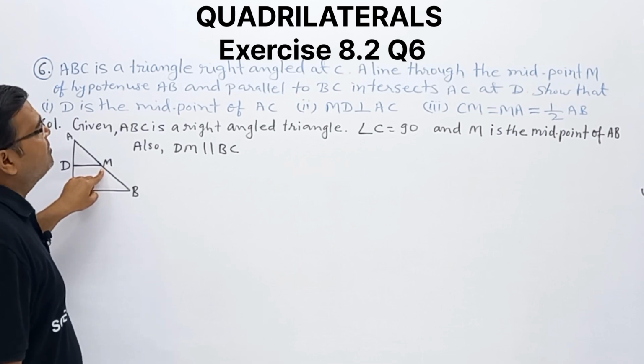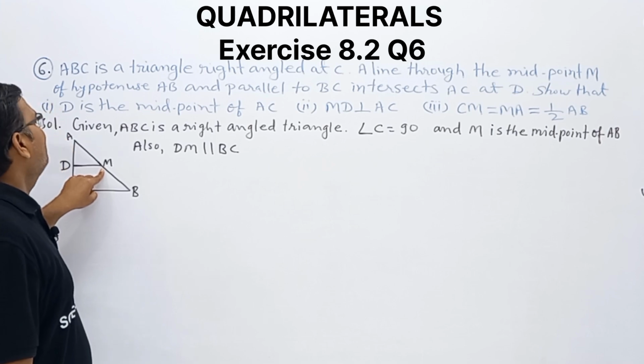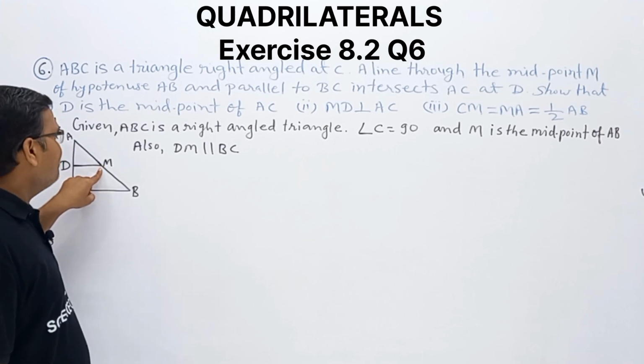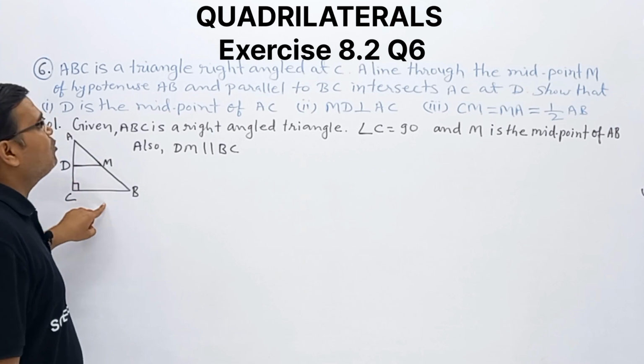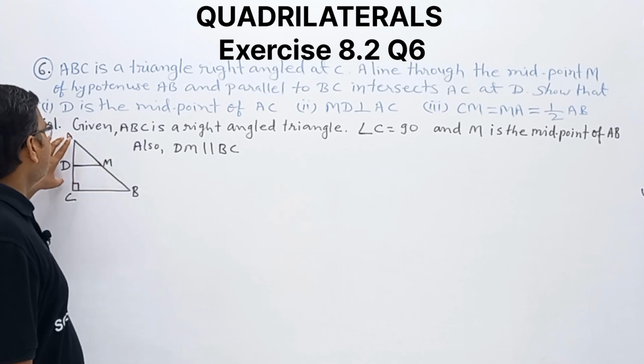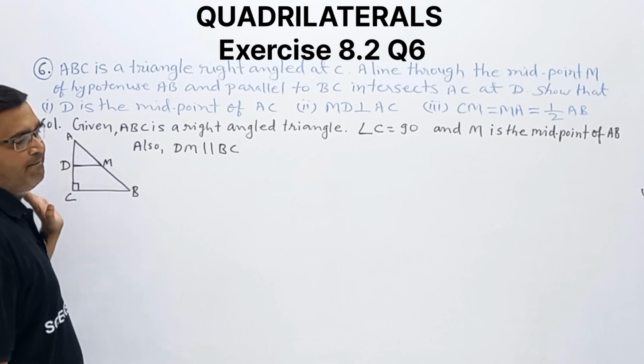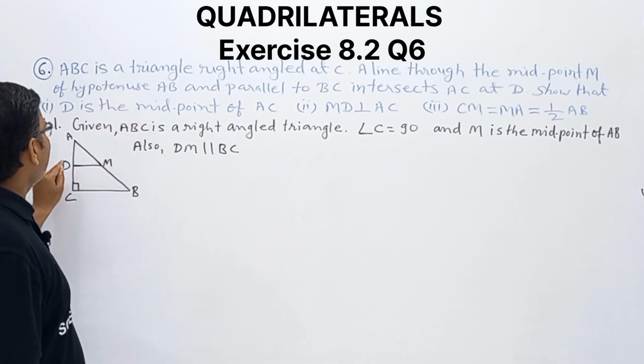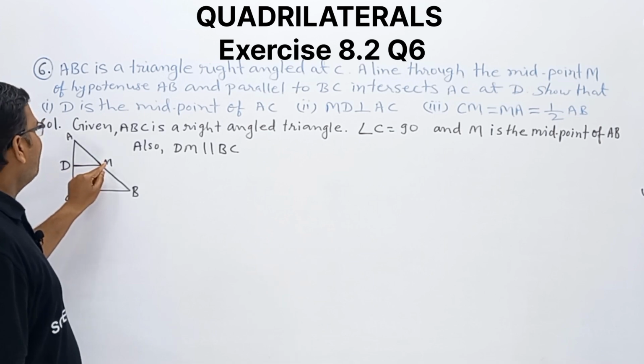A line from M, that line is parallel to BC, intersects AC at D.